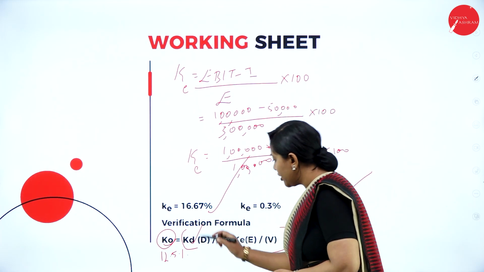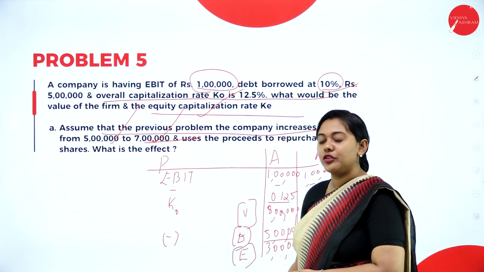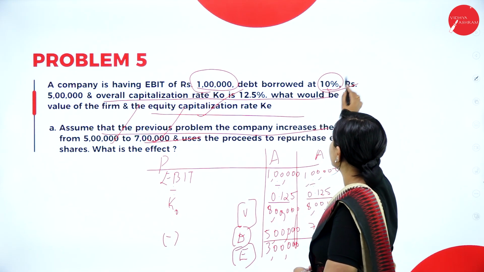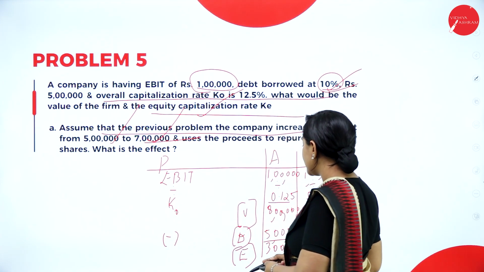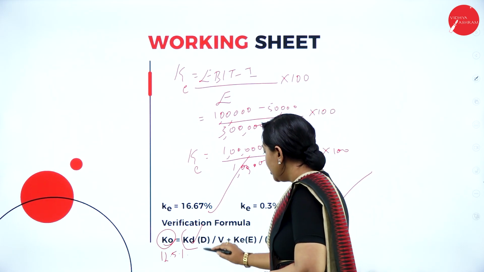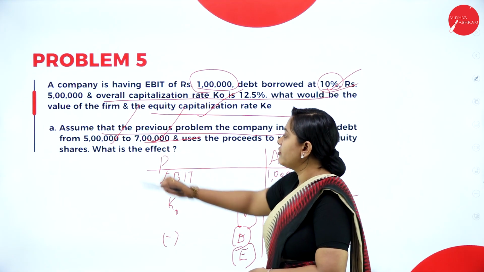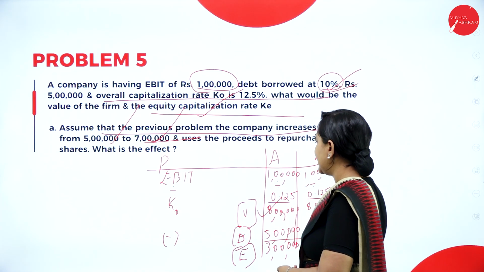So cost of debt. What is cost of debt? 5 lakh and 7 lakh. So 5 lakh you have to write here. Cost of debt is nothing but the interest. So 10% is the interest you all have to write. So with that, you put the value of debt 5 lakh, value of firm, that is how much? 8 lakh.